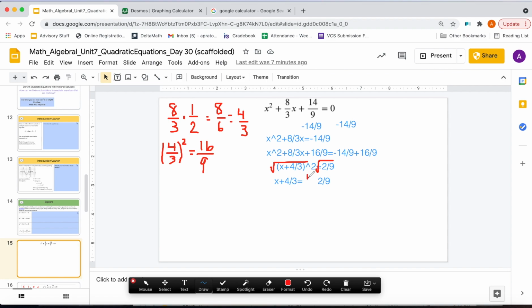Now I'm going to move the 4/3 over. Using the subtraction property of equality, x equals positive or negative square root of 2/9 minus 4/3.